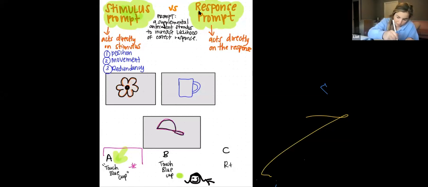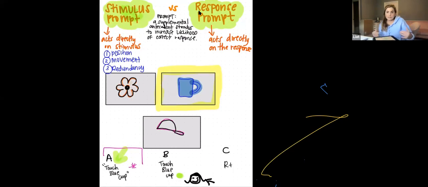Maybe my blue cup is the most salient, sticking out, whatever it is. If those are black, that could be an example of a redundancy prompt. Maybe I have the blue cup card sitting on a Post-it behind it, a neon Post-it, right?